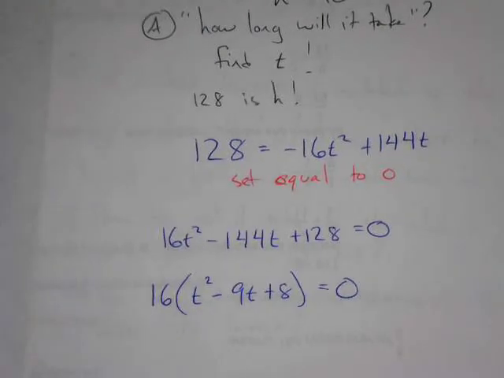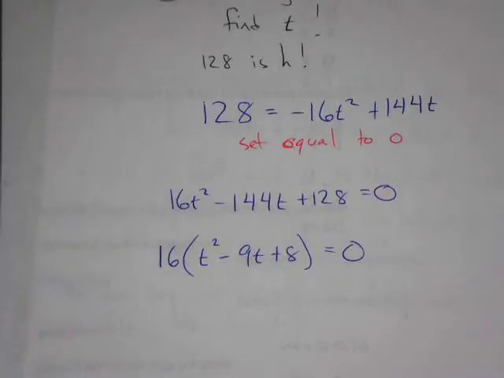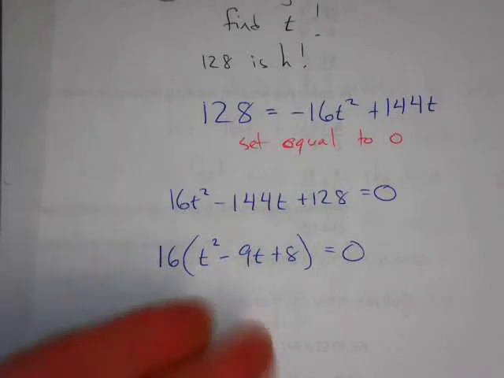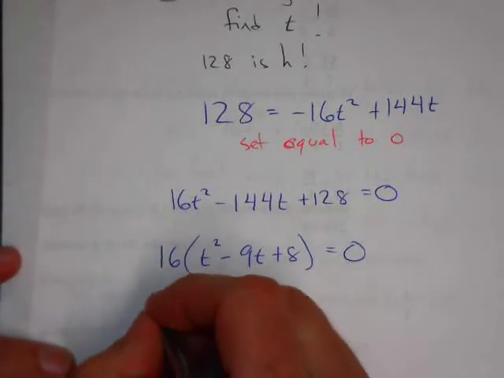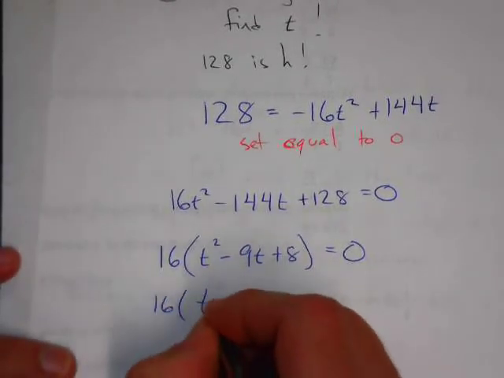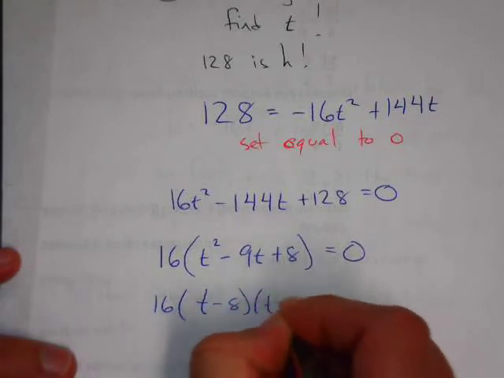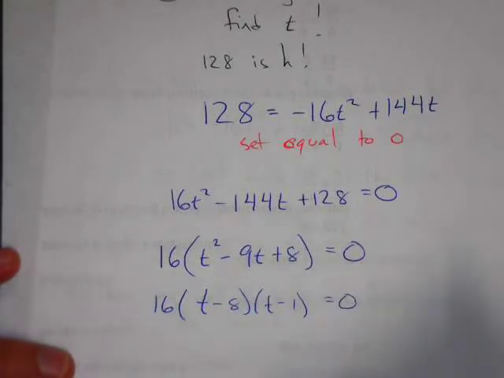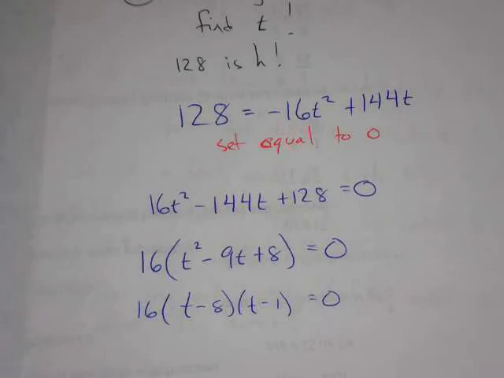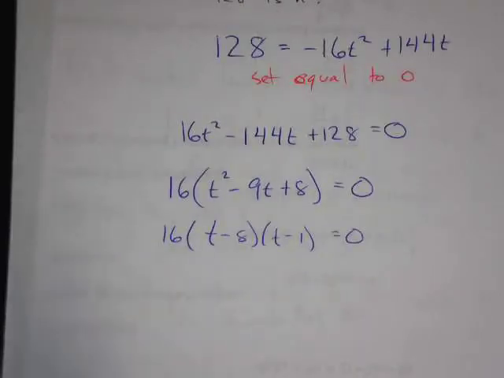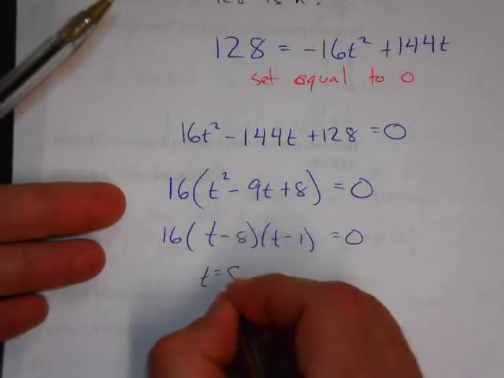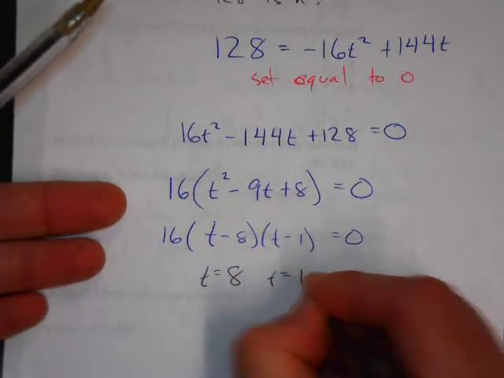By factoring out the 16, this is what I'm left with. And now I can factor that trinomial without a doubt. So 16 times t minus 8, t minus 1, equaling 0. Which means, by the zero product property, that t is equal to 8 or t is equal to 1.